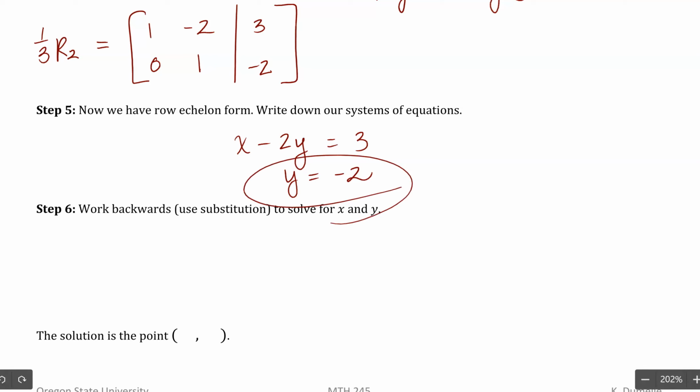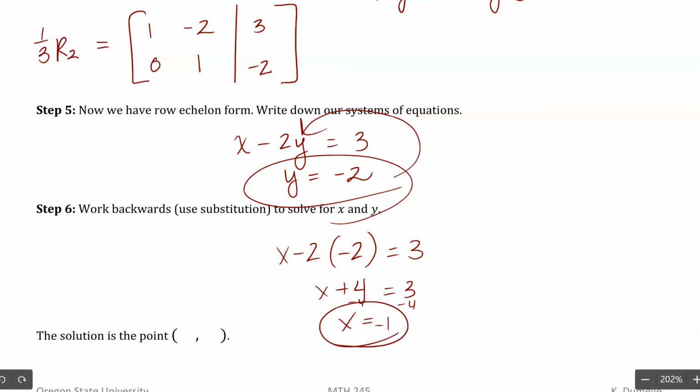So let's plug in y equals -2 right here, and we have x minus 2 times -2 equals 3. x plus 4 equals 3. x equals 3 minus 4, which is -1. Great, we have one piece of our solution, but we need to know what y is. Oh hey, there it is right there. Forgot we had it. There's x, there's y. Our solution is -1, -2.